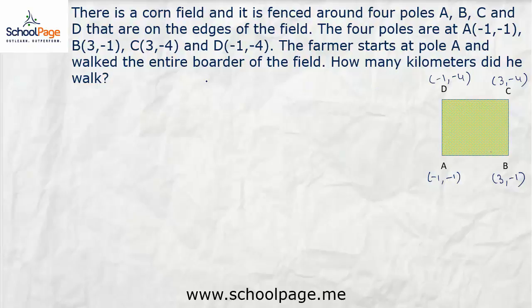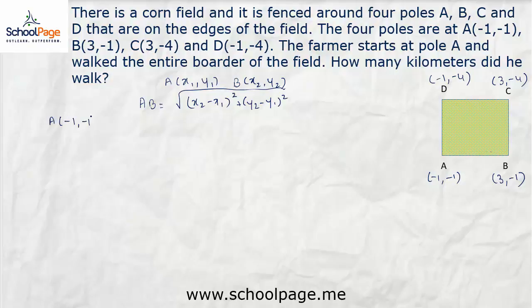The distance formula between points A (x1, y1) and B (x2, y2) is given by AB equal to square root of (x2 minus x1) the whole square plus (y2 minus y1) the whole square. Let us first find the distance AB. Let us first write the coordinates of A as -1, -1 and B as 3, -1.